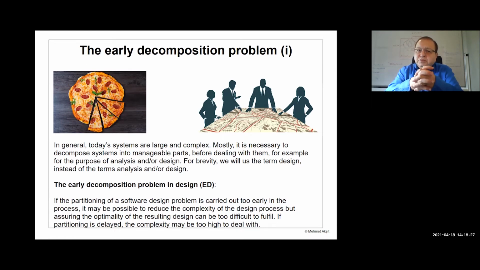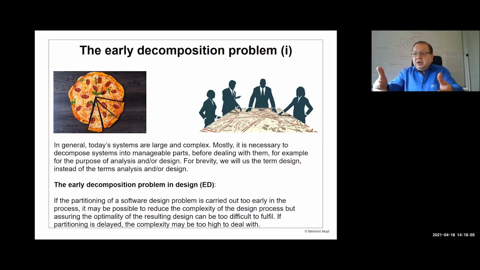The early decomposition problem in design states that if the partitioning of a software design problem is carried out too early in the design process, it may be possible to reduce the complexity of the design because you are dividing it into pieces, but assuring the optimality of the resulting design can be too difficult to fulfill.